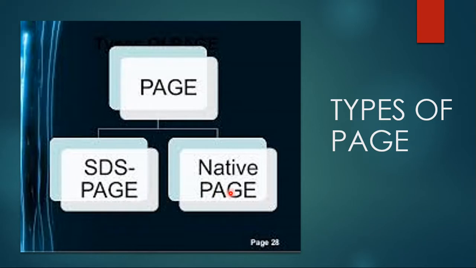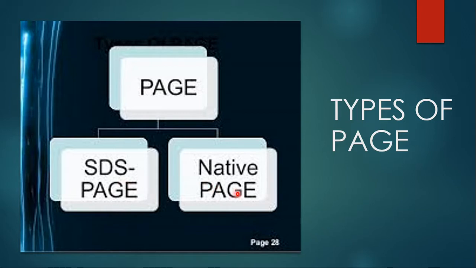And in native PAGE, the separation is based upon the charge, size, and shape of the macromolecules. But in our SDS-PAGE, there is no question of the charge, isn't it? Why? Because all of them have only the negative charge. So how are you going to separate? Only depending upon the molecular weight.